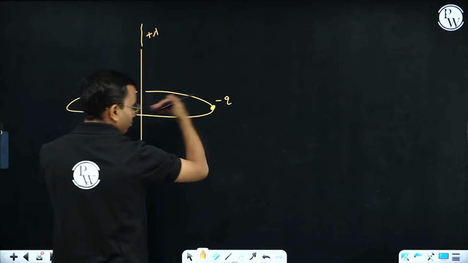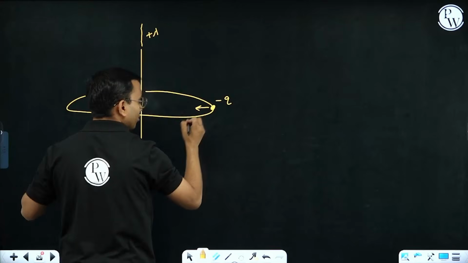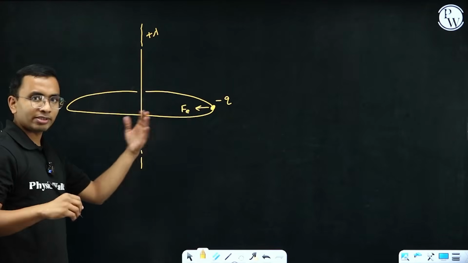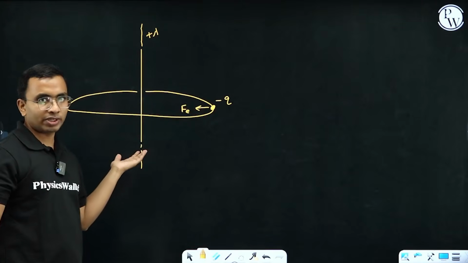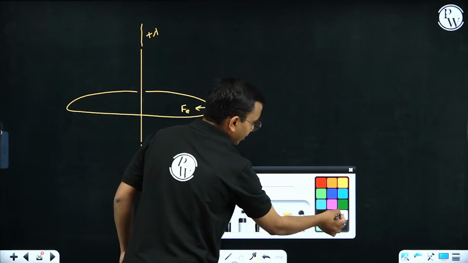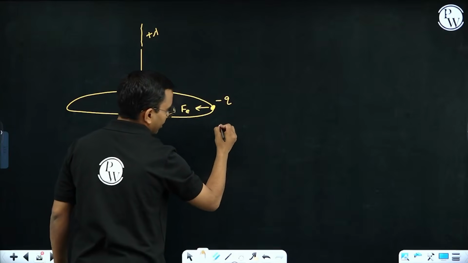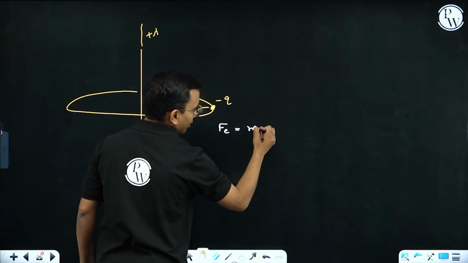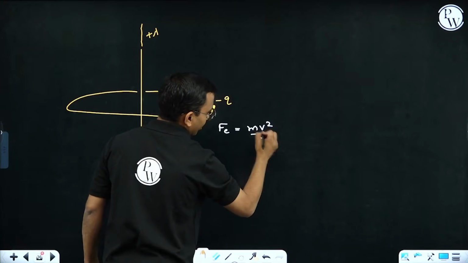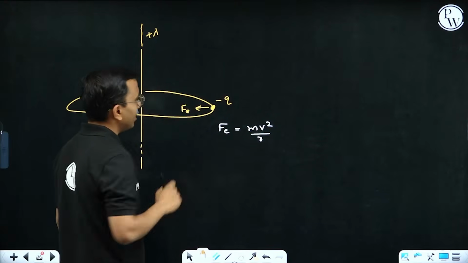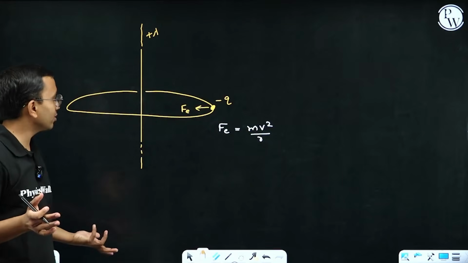So due to this, it will pull it, some electrostatic force will be there, and this electrostatic force will be mass into the centripetal acceleration, moving in a uniform circular motion. So if I write it, F electrostatic is equal to mass into the centripetal acceleration. What is F electrostatic? That is electric field into charge q, magnitude I just need to write.